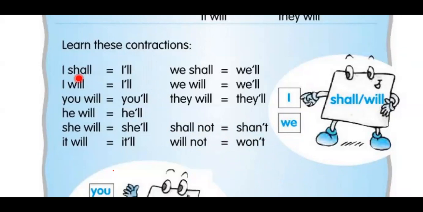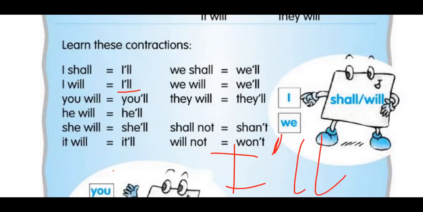Now let's see what the contractions of these are. I shall will become I apostrophe ll. Then I will is also the same. For I will also I apostrophe ll. Next, you will become you apostrophe ll. He will become he apostrophe ll, he'll.